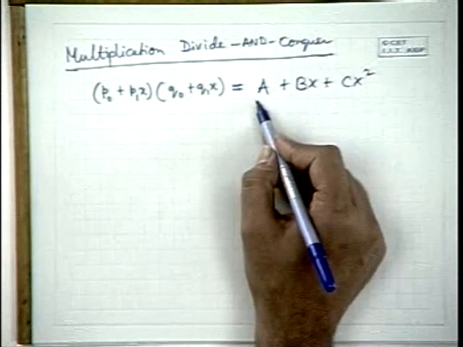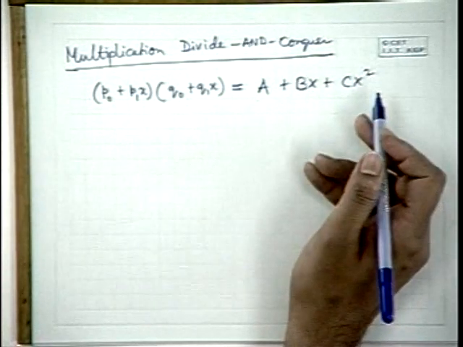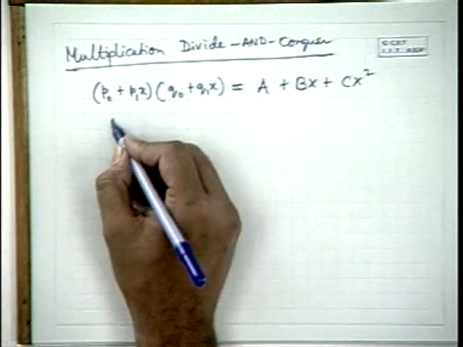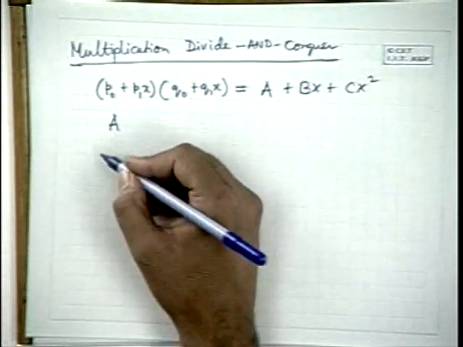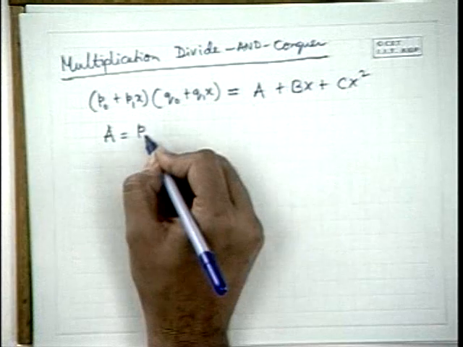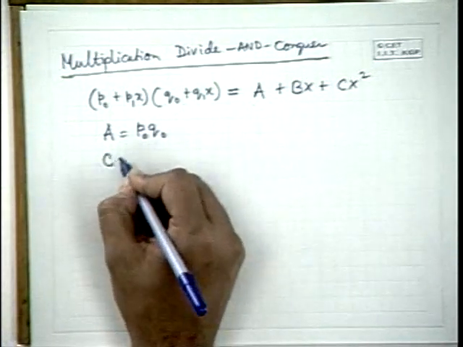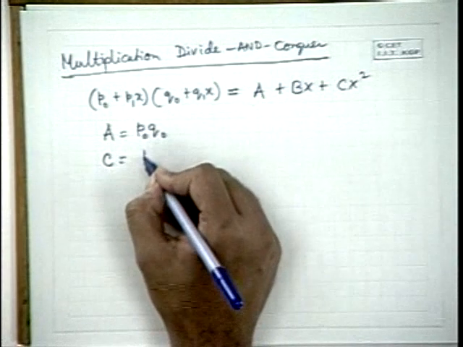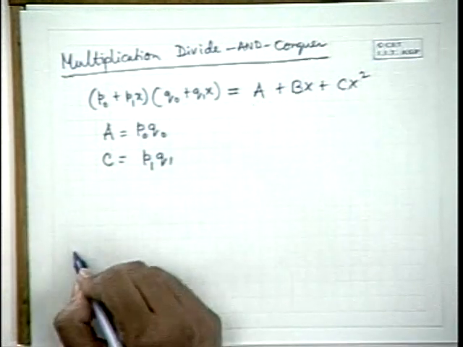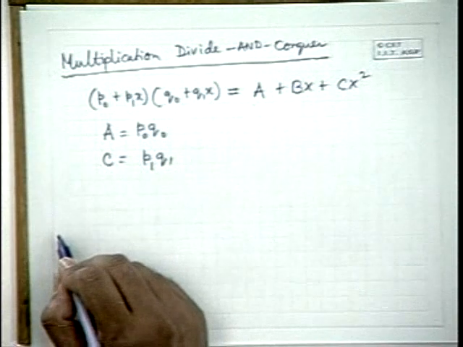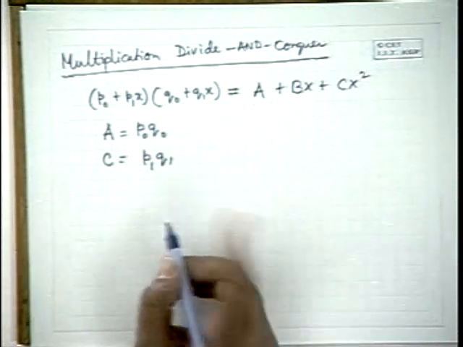I have to find out what a, b, and c are. Now you can see a is nothing but p0 q0 and c is nothing but p1 q1. That's very straightforward. To get these two coefficients, you just multiply these.